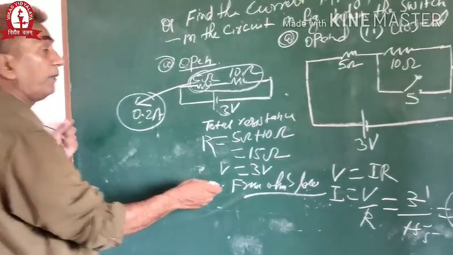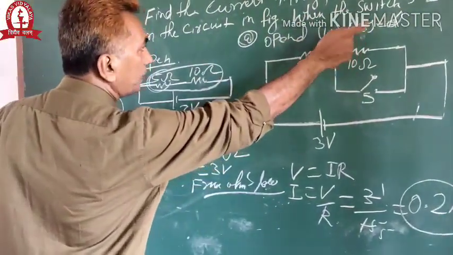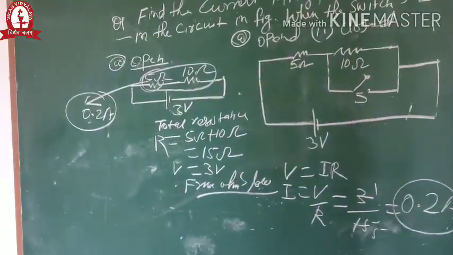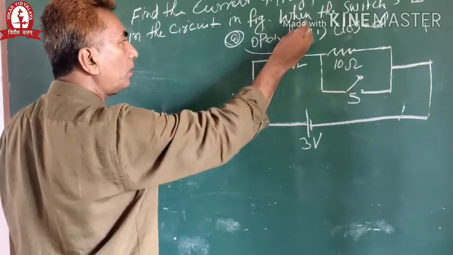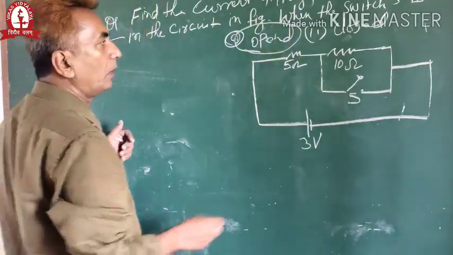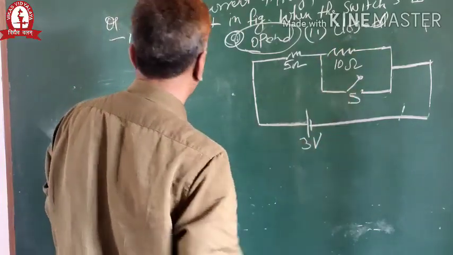After this I will go to the condition in which the circuit is closed, switch is closed. Okay, note down it. We discussed open circuit, when the circuit was open. Now in the second case, I am going to discuss when the circuit is closed.